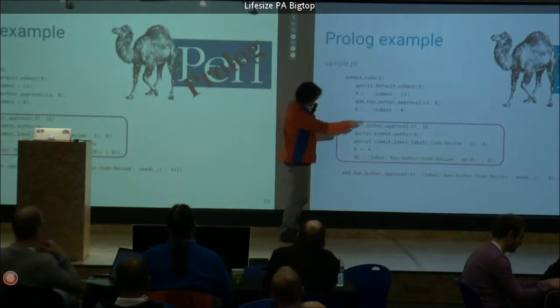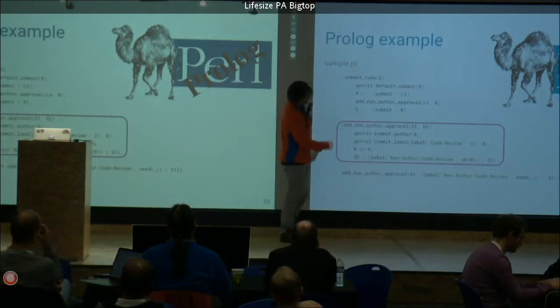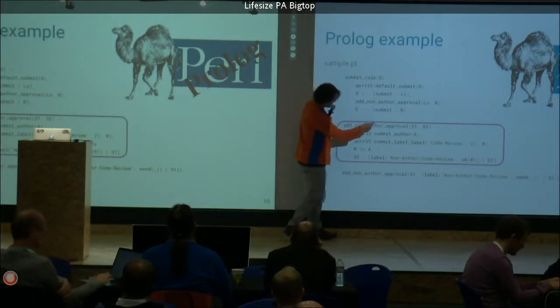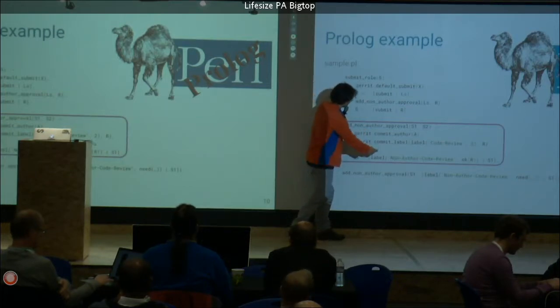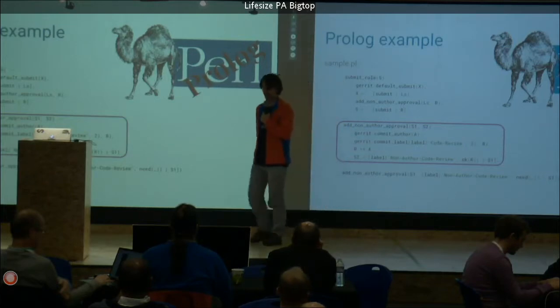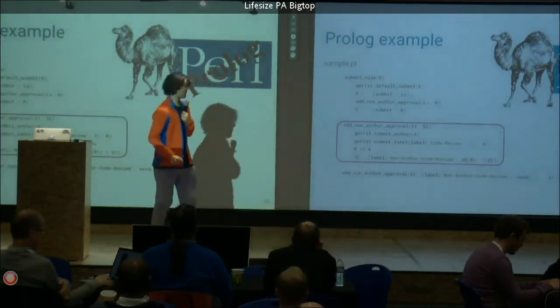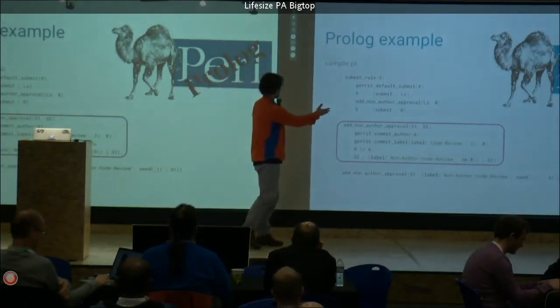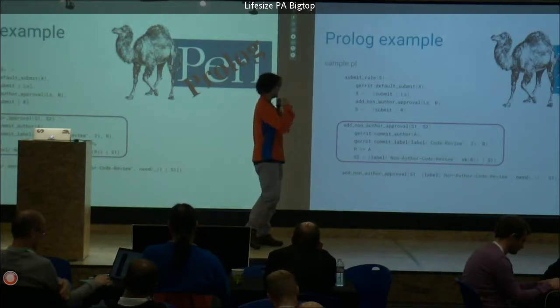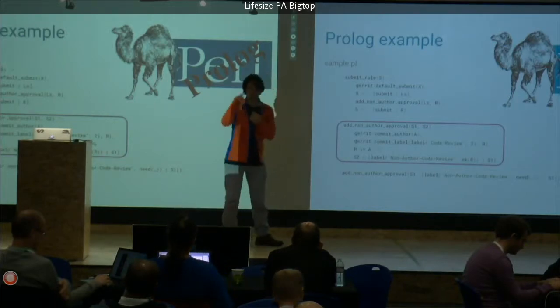So R and A: you find all values for R and A where there's a commit, A is the author, and R is the reviewer, and R is not equal to A. And once you find something that satisfies this, you have the exclamation mark, which is the cut point, and it says, okay, you don't have to look further. And then you can say, okay, the requirement non-author code review is satisfied. That's what the OK is for.